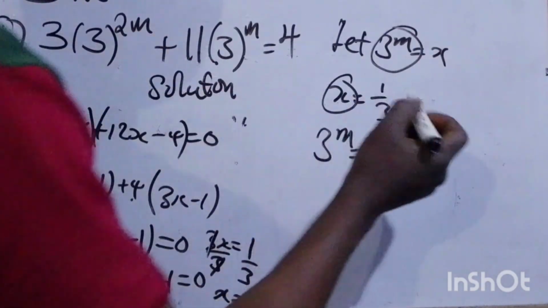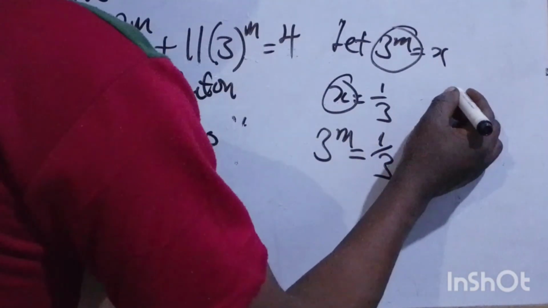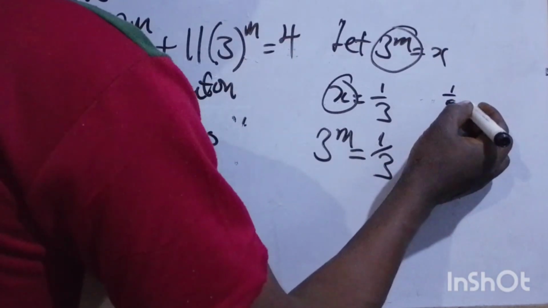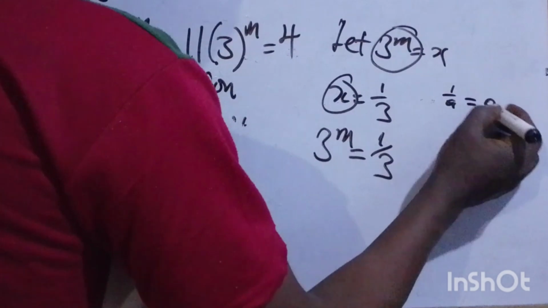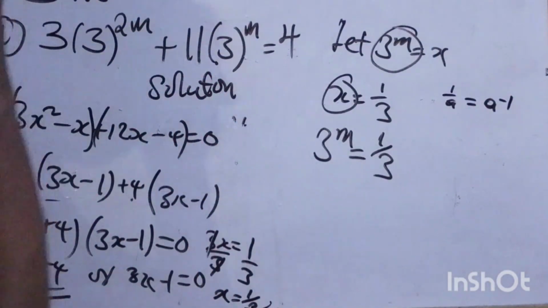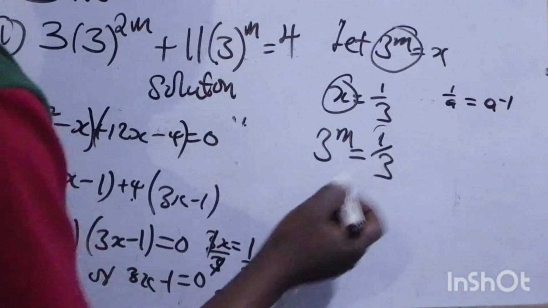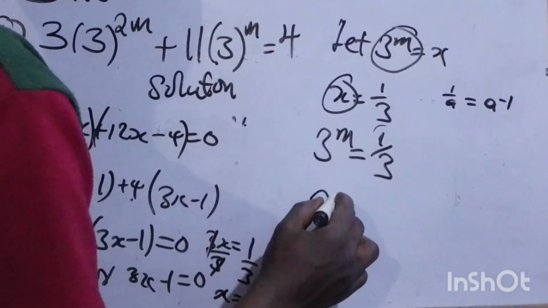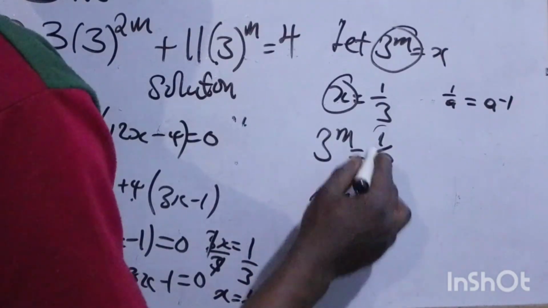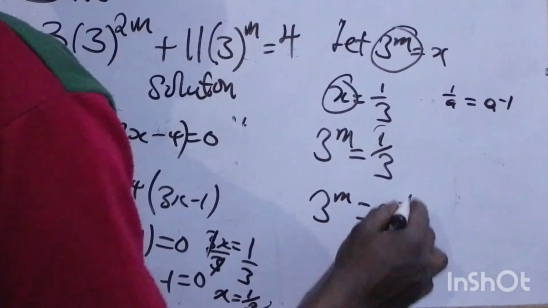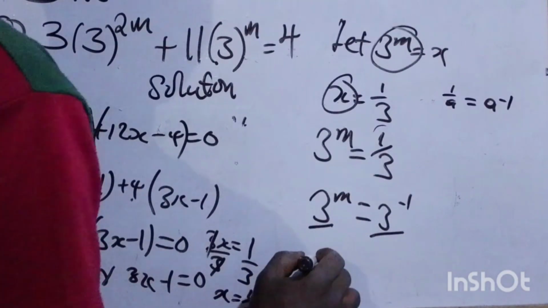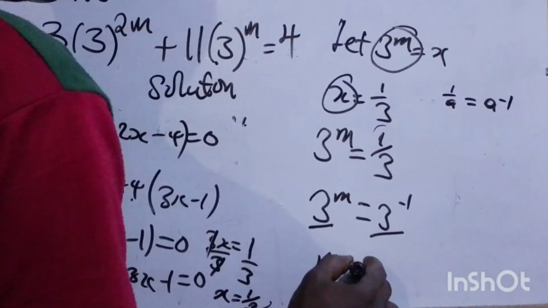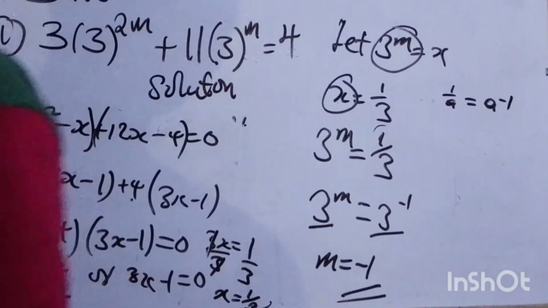Remember that in indices, 1 over a is a to the power minus 1. So 3^m equals 3 to the power minus 1. The bases are the same, so m equals minus 1. This is the value of m.